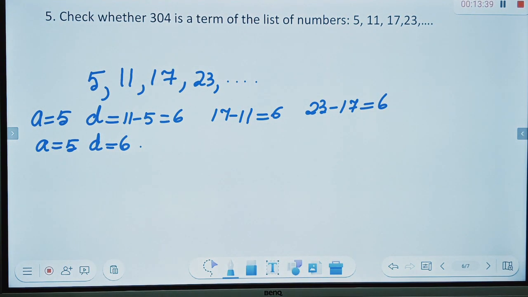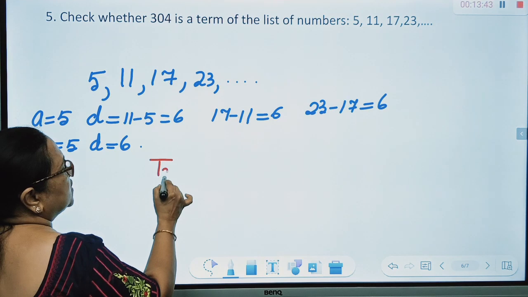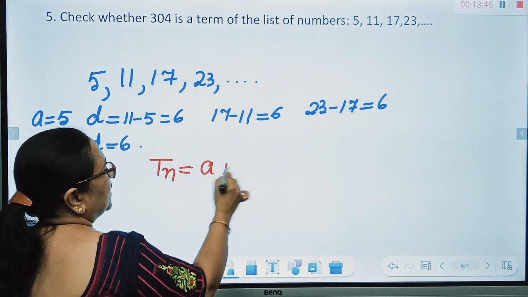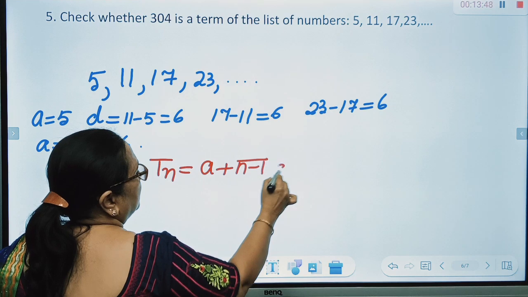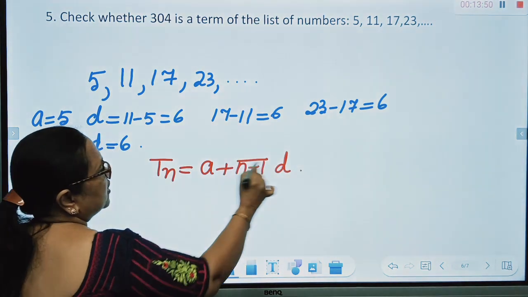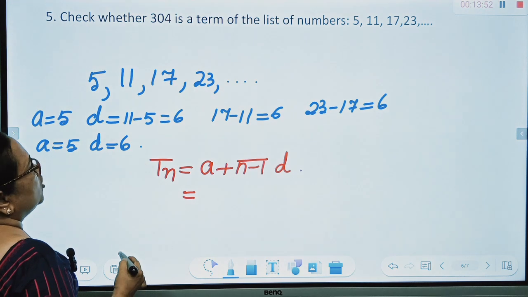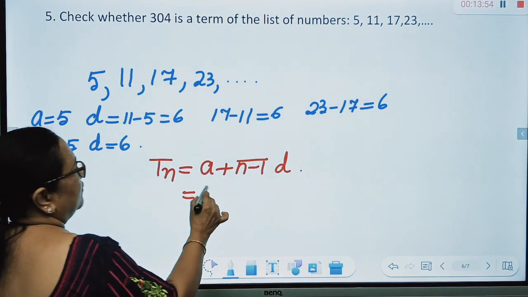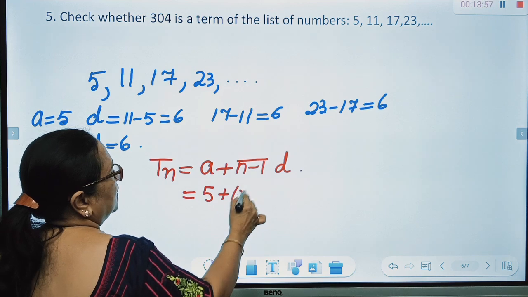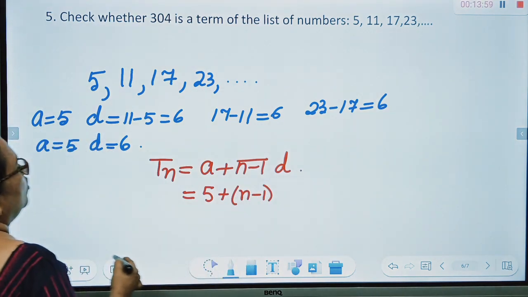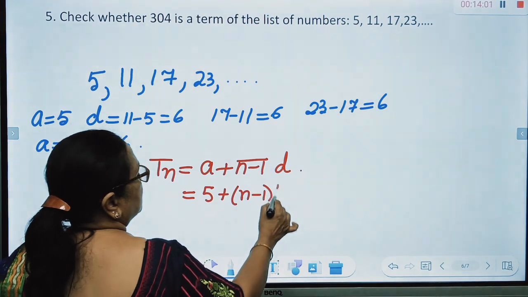Now we want to check whether 304 is a term. So any term of this sequence, how will you write? A plus (n minus 1) into D. Please remember n minus 1 here is in a bracket. So here A is 5, plus (n minus 1) into D, which is 6.